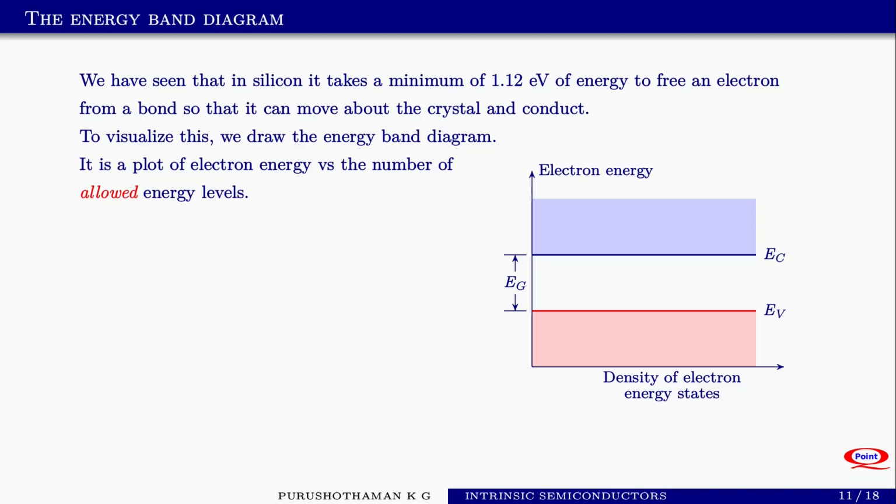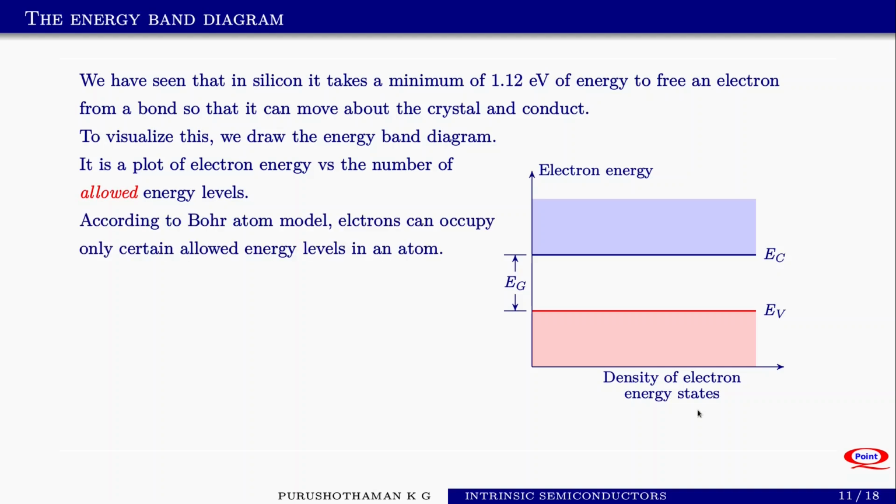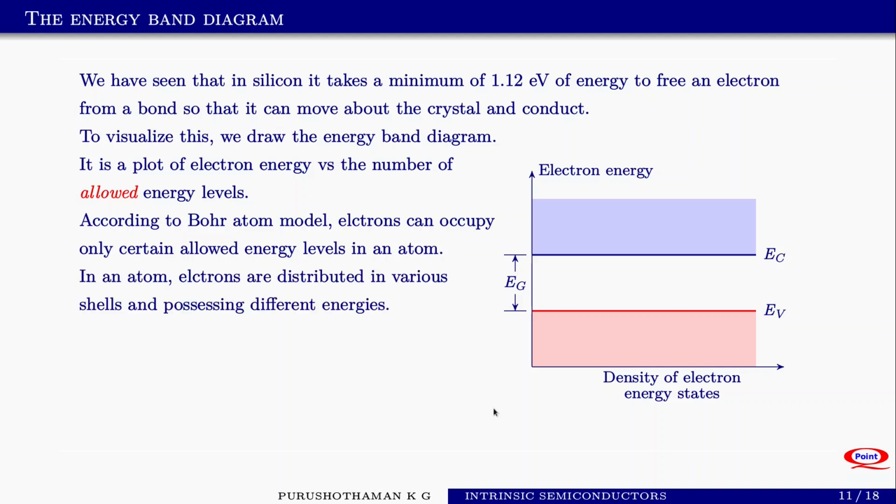The energy band diagram is a plot of electron energy versus the number of allowed energy levels. By Bohr atom model, you know that electrons can occupy only certain allowed energy levels. In an atom, electrons are distributed in various shells possessing different energies. Electron energy increases as shell radius increases.